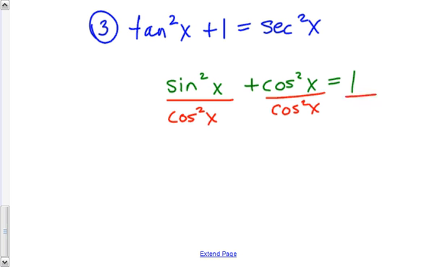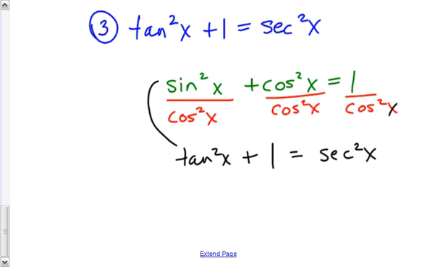And these are the kind of things you're going to have to be able to see on your own as you go through this math, because you're going to be trying to get from one thing to the other. So sine over cosine is equal to tangent. Cosine over cosine is 1. 1 over cosine is secant. So we got from those two to the third one.